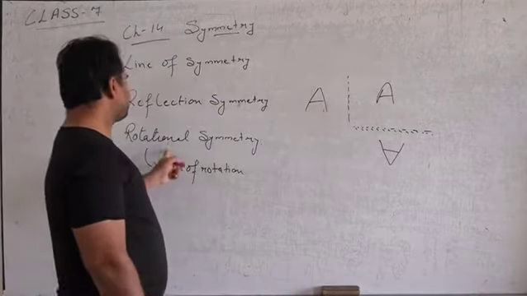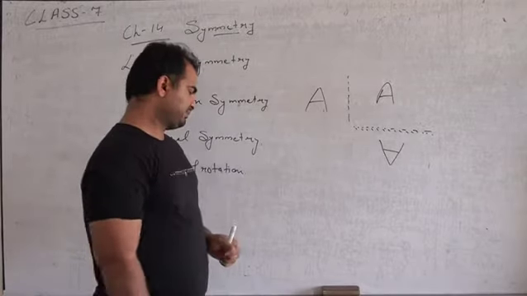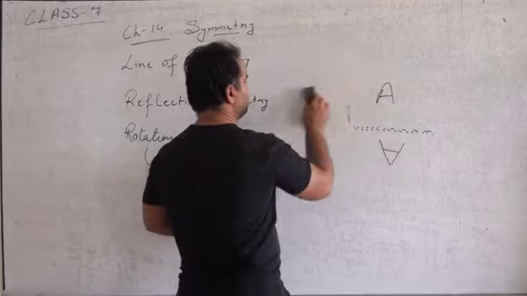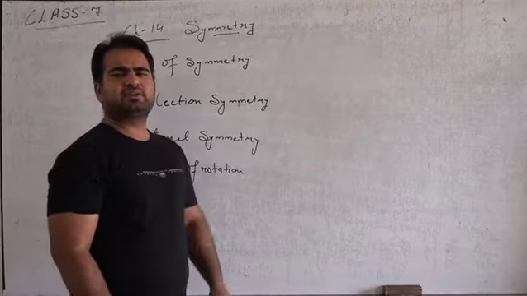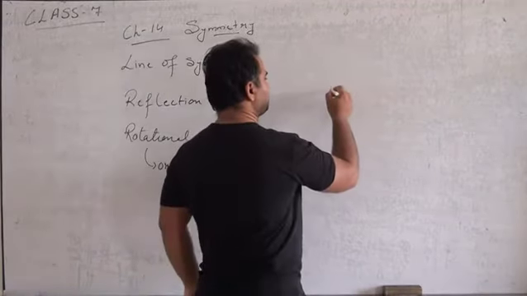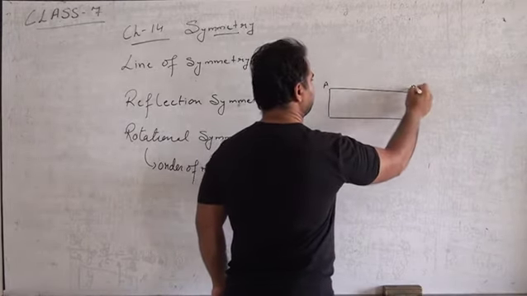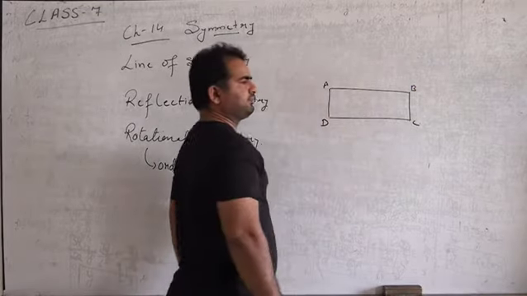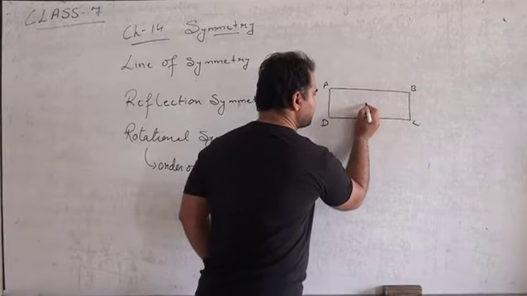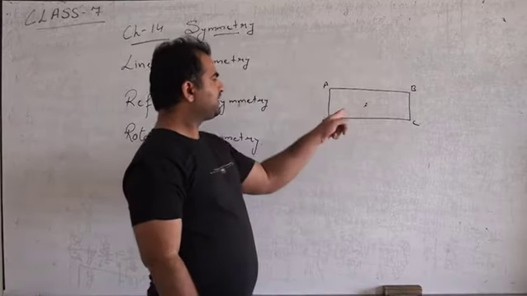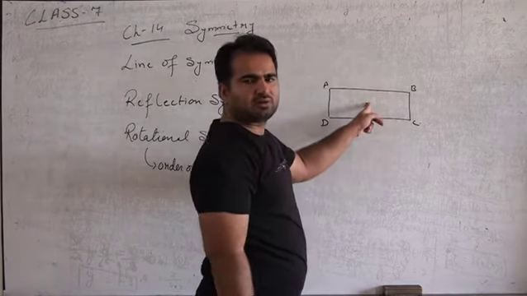Okay. What is rotational symmetry? If we take an object like a rectangle A, B, C, D, and at its center, what will happen if we point a needle there and rotate it clockwise?